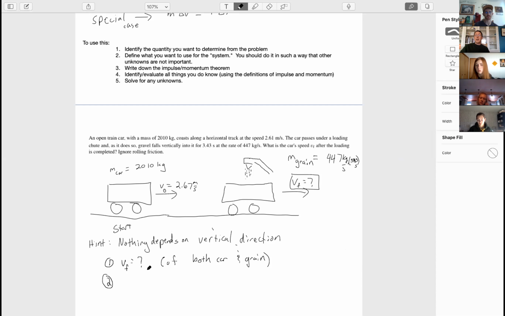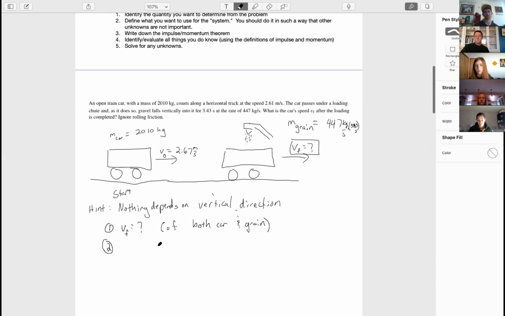If I don't know exactly the details of how the grain collides with the train car, then I'm going to make the system equal the car and grain together, so that we never need to know about forces between them.